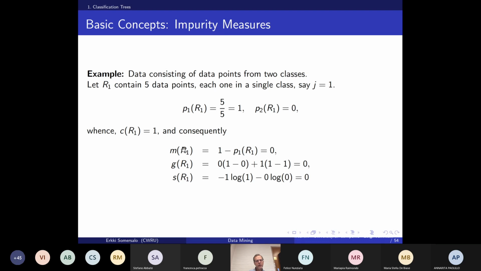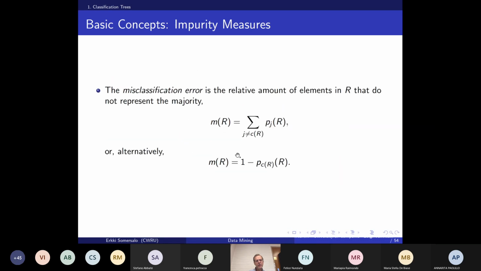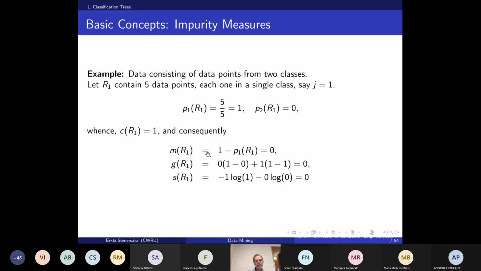Now the impurity index: the misclassification error is 1 minus the frequency of the winning class. The winning class has frequency 1, so you get 0. Gini index is 0 times 1 minus 0 plus 1 times 1 minus 1, and this is 0 as I explained. And the entropy is minus 1 log 1, which is 0, and then 0 log 0, which we interpret to be 0. So all these quantities give you, in this case, that the impurity is 0.